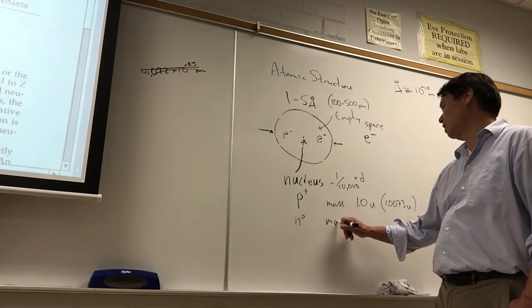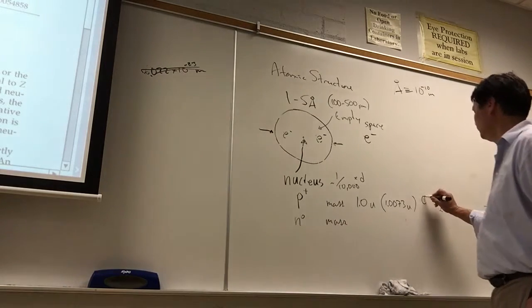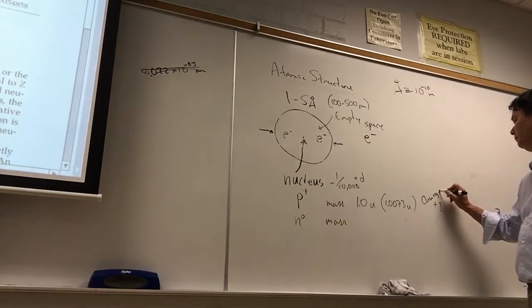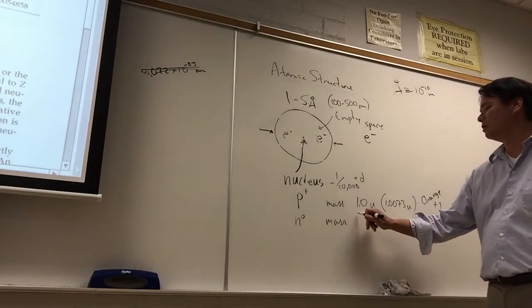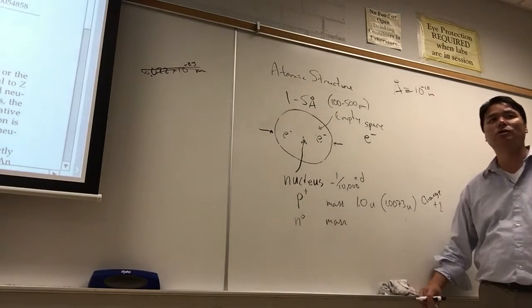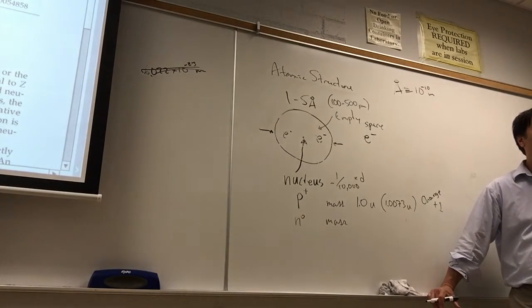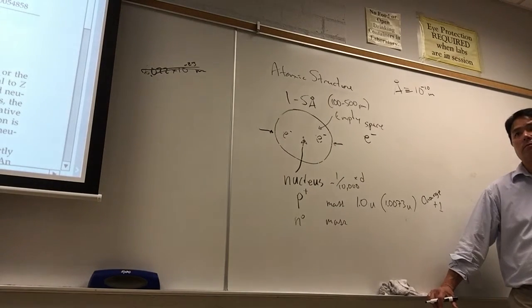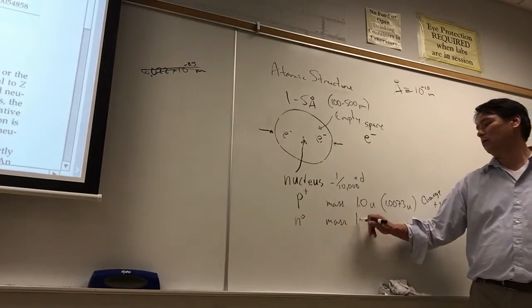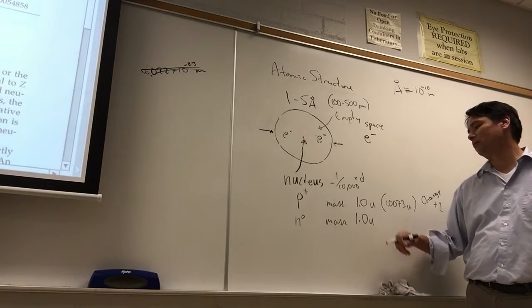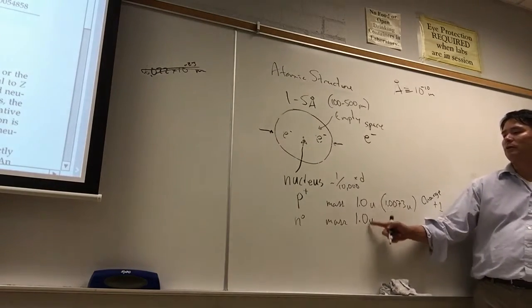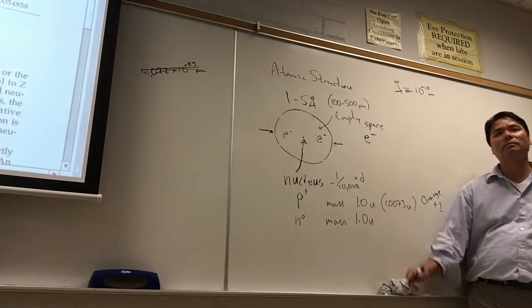The mass on the neutron, to 2 sig figs, what is the mass on a neutron? 1.0 U. So to 2 sig figs, the proton and the neutron have the same mass.